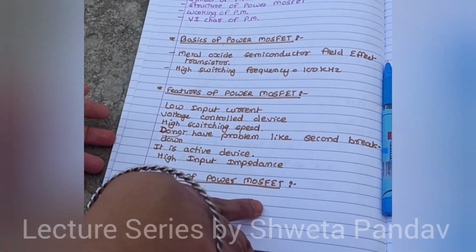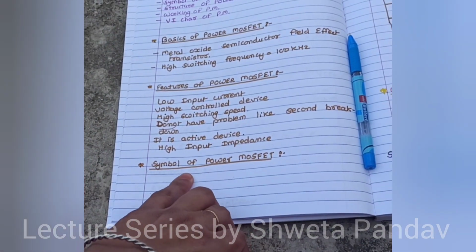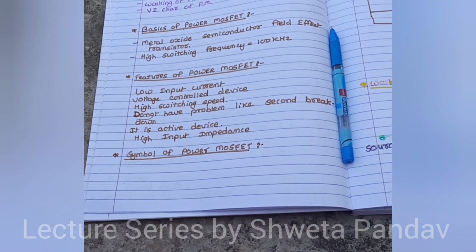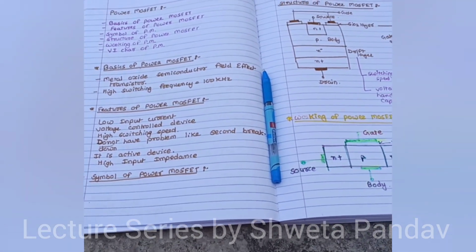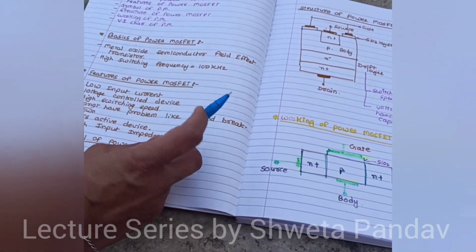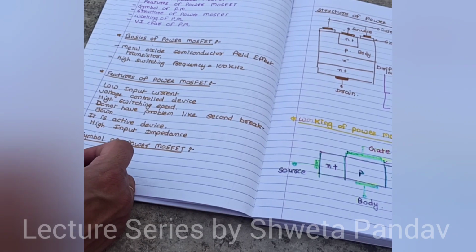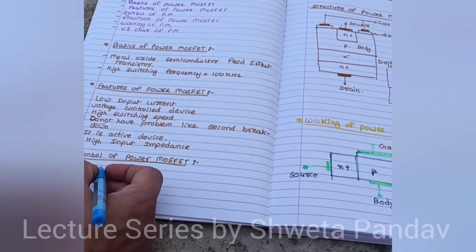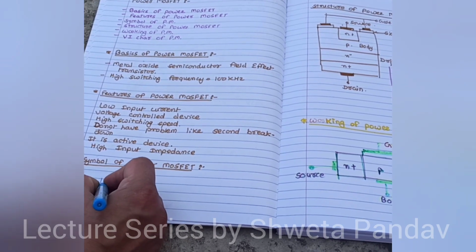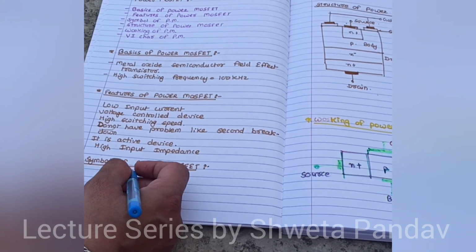Now let us see the next point, symbol of power MOSFET. How is the symbol of power MOSFET? We basically have two power MOSFETs, N channel power MOSFET and P channel power MOSFET. Let us see how to draw the symbol of power MOSFET.